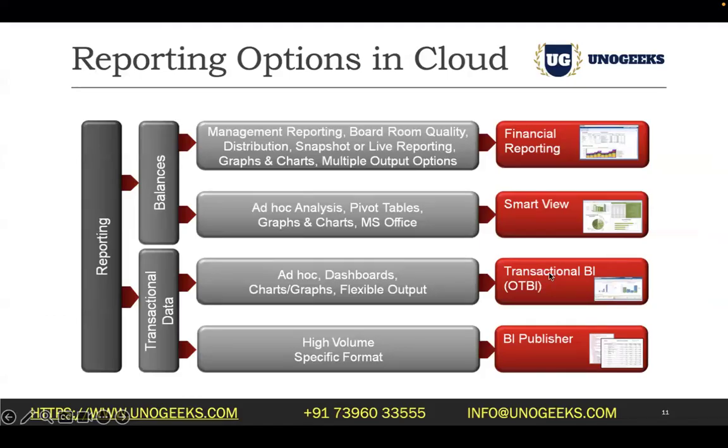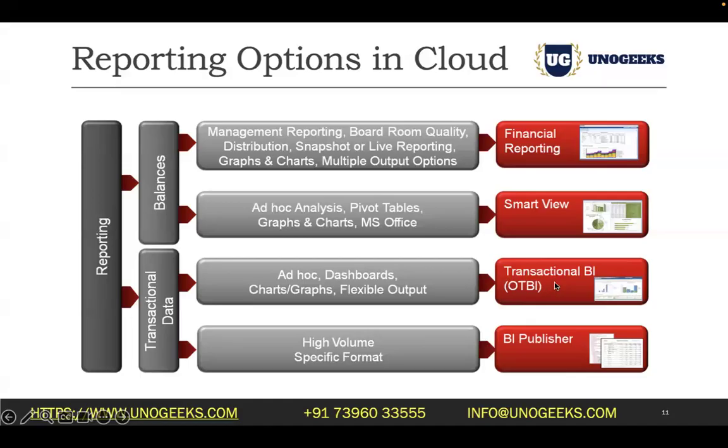But if you want to do some ad hoc reporting, or if you want to generate reports which display the output in graphical or chart formats, in such cases we use OTBI. It stands for Oracle Transactional Business Intelligence.